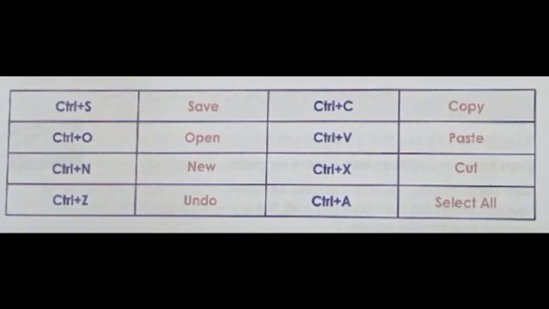Ctrl plus S to save, Ctrl plus O to open, Ctrl plus N for new, Ctrl plus Z for undo, Ctrl plus C for copy, Ctrl plus V for paste, Ctrl plus X for cut and Ctrl plus A for select all.